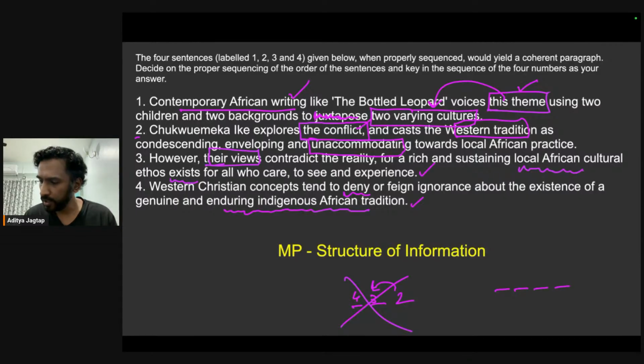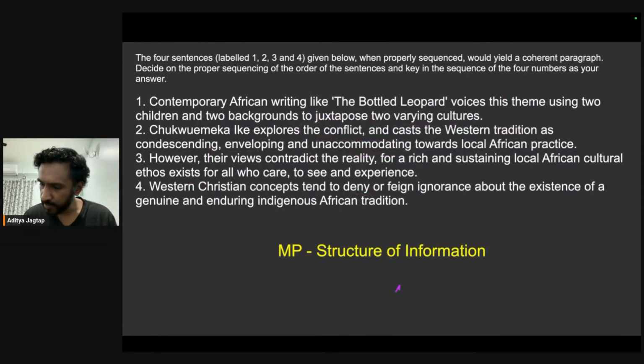So here we get 4-3 as a mandatory pair, and the reason being, and this is 100% right, is that "their views" refers to a plural group. There is no plural group in two, there is no plural group in one. So 4-3 is the only possible way to arrange this.